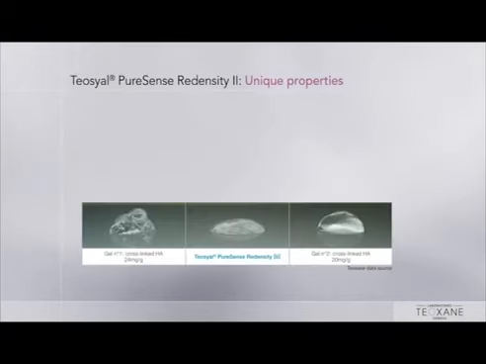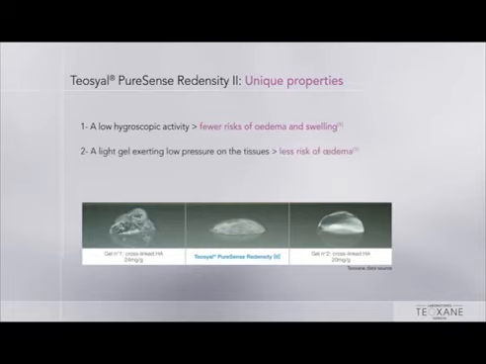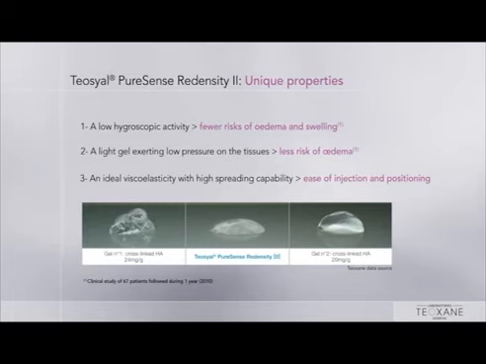Redensity 2 is a different gel, suitable for the correction of R circles, thanks to unique properties: a low hygroscopic activity, allowing less risk of edema and swelling; a light gel exerting low pressure on the tissues to obtain less risk of edema; and a high viscoelasticity with high spreading capability, maximizing the ease of injection and positioning of the product.